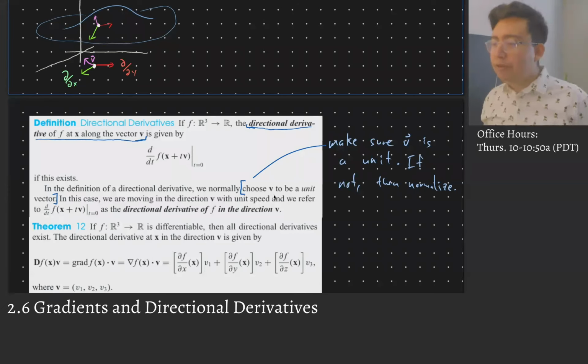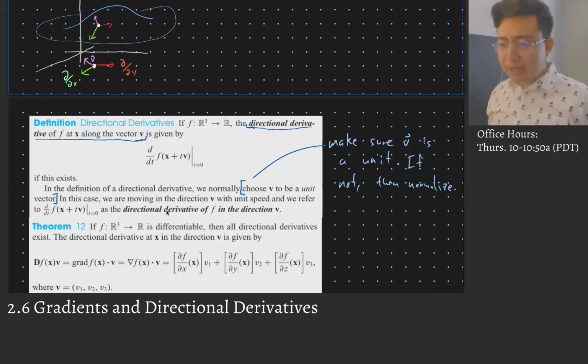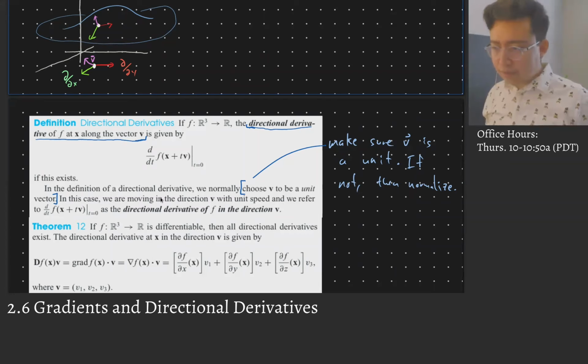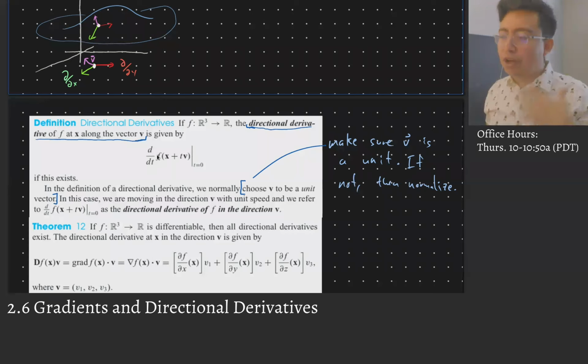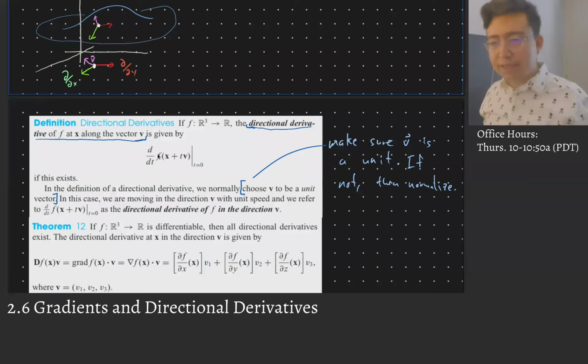And this brings us back to the reason we want a unit vector, and it talks about it here. This is going to affect the speed at which we're moving along that direction. Since the directional derivative is a derivative, that's all about rates of change, which is all about speed, right? The derivative gives you velocity.